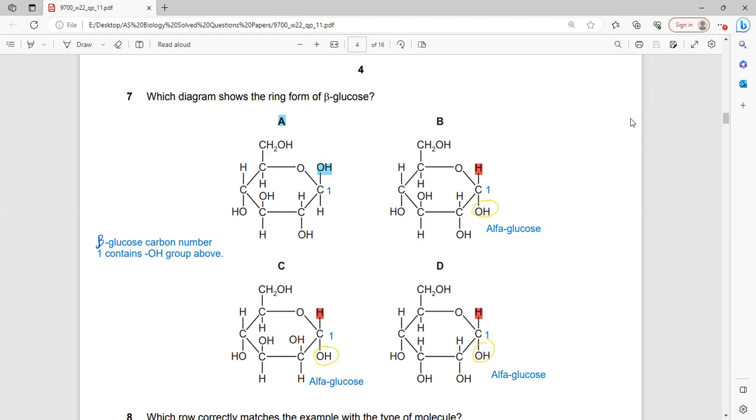So these are the glucose, but the beta glucose has the hydroxyl group above the carbon number 1. When you see option A, the carbon number 1 contains the hydroxyl group above and the hydrogen is below. So this is the beta glucose. Rest of all contain the hydroxyl group below. So these are alpha glucose.